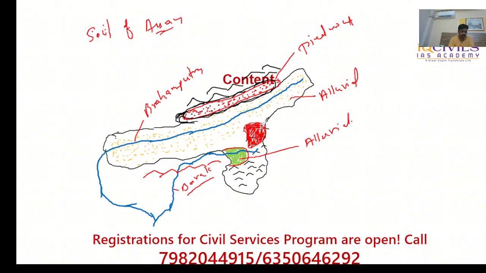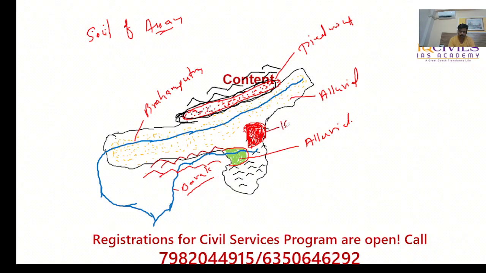This is the area where you can have the Assam Meghalaya border. This is the hilly region of Assam Meghalaya border, and here this is the Karbi Anglong.